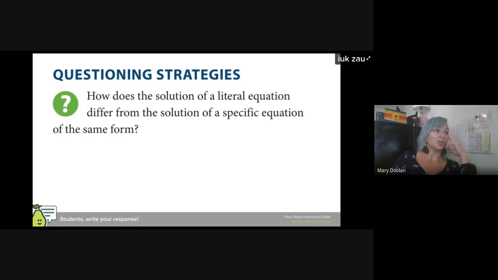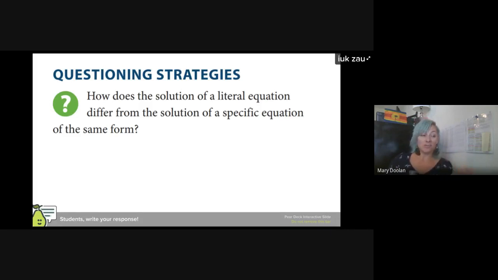Questioning strategy for you. This is your last interactive slide. How does the solution of a literal equation differ from the solution of a specific equation of the same form? So a literal equation, remember, has 2 or more variables.